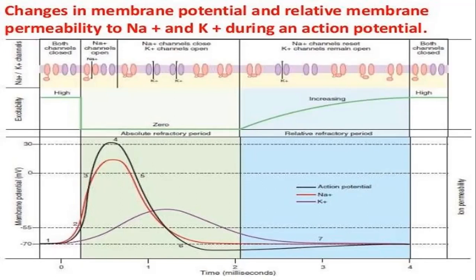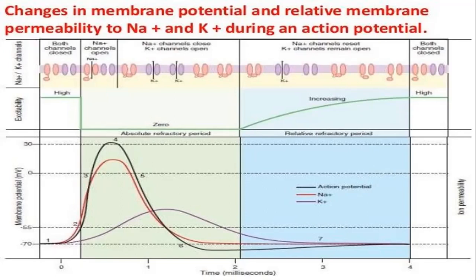Now you can see that the membrane potential is rising. It has reached the firing level and the membrane has fired. But the membrane doesn't reach the equilibrium potential for sodium, because sodium channel opening is voltage and time dependent. So after a certain voltage, they will get inactivated.